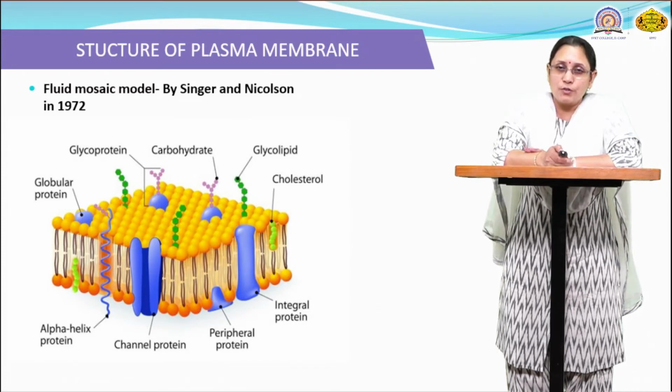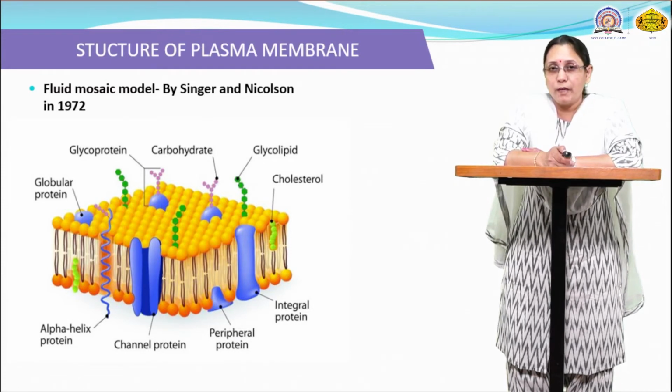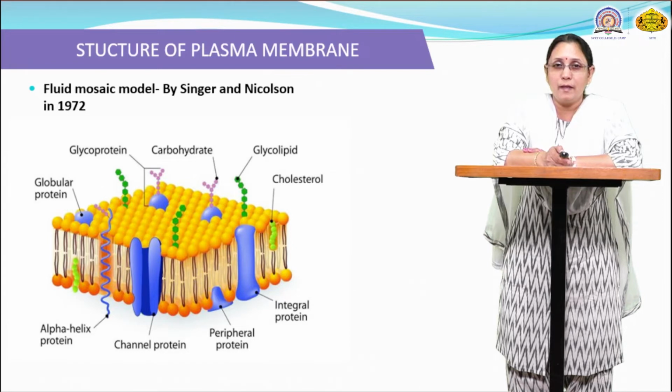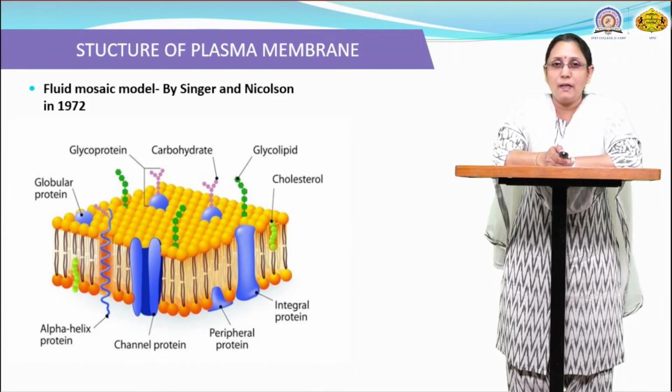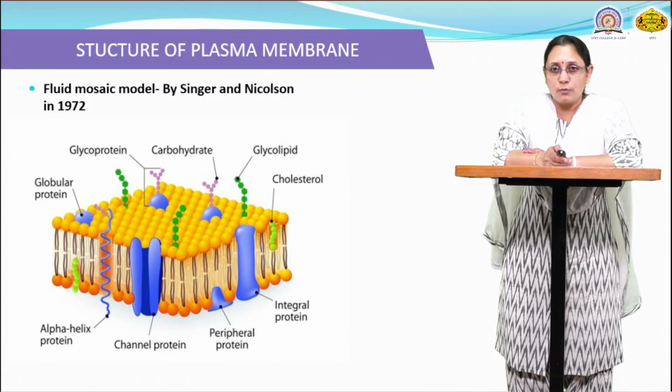When we describe the structure of plasma membrane, it has been observed that this structure is made up of a lipid bilayer. This structure was first described by Singer and Nicolson in 1972.